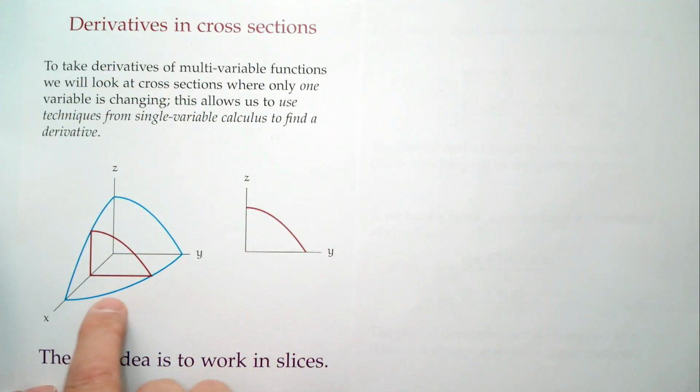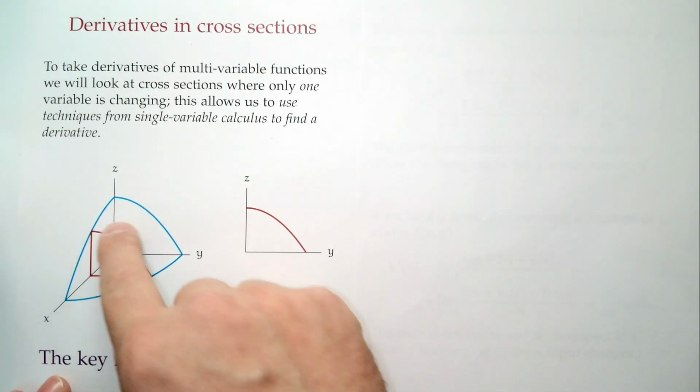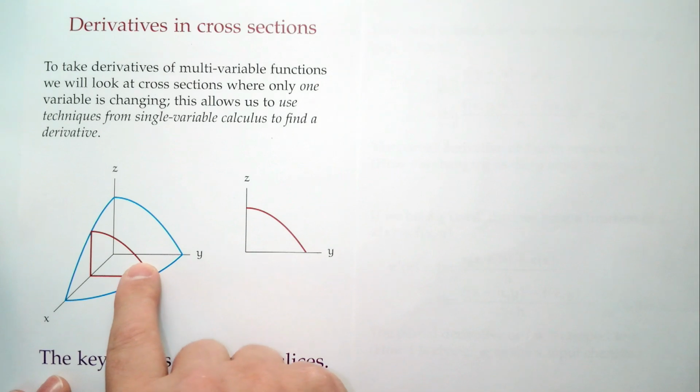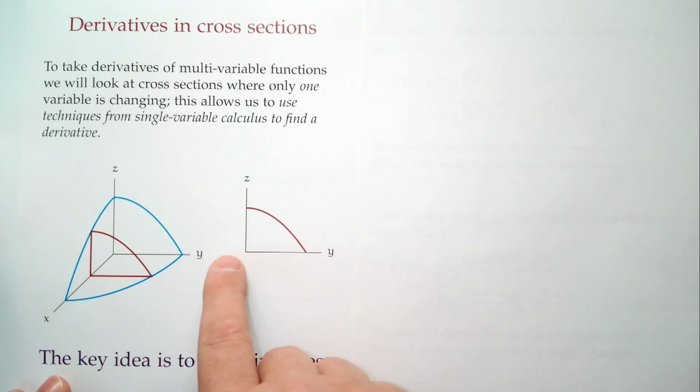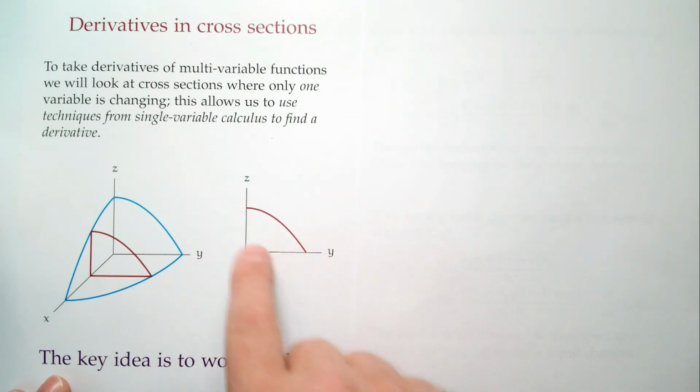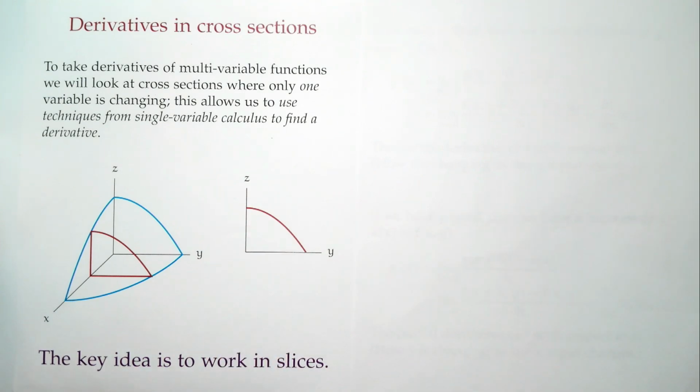If we fix a value for x, then when we slice the surface, we just see a curve, where y is varying and z depends on y. So by taking a slice, I get to see a simple one variable function. Z depends on y. Z is a function of y.